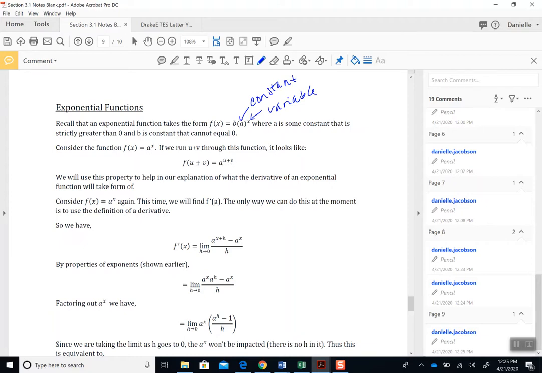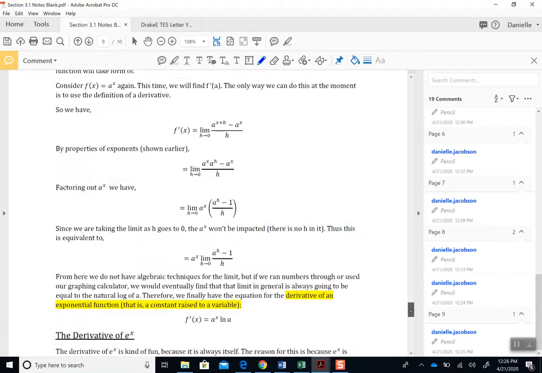This is equivalent, by properties of exponents, to a to the u times a to the v. So if you have one base raised to something added, it's the same thing as multiplying two bases raised to each power. These are equivalent by properties of exponents. If we were in Math 99, I would go through and explain why that's true, but for our purposes, I will not.